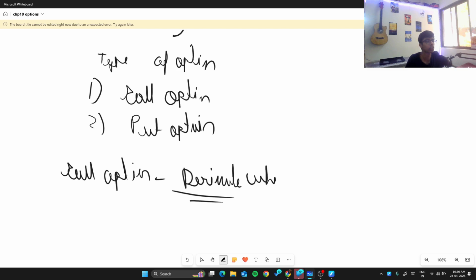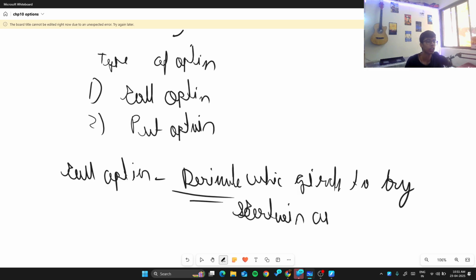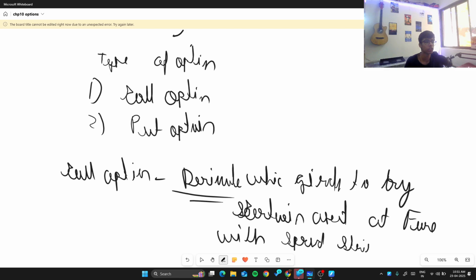Which gives the right to buy a certain product, what we say certain commodities or asset, at a future time with a specified strike price, but does not have an obligation.